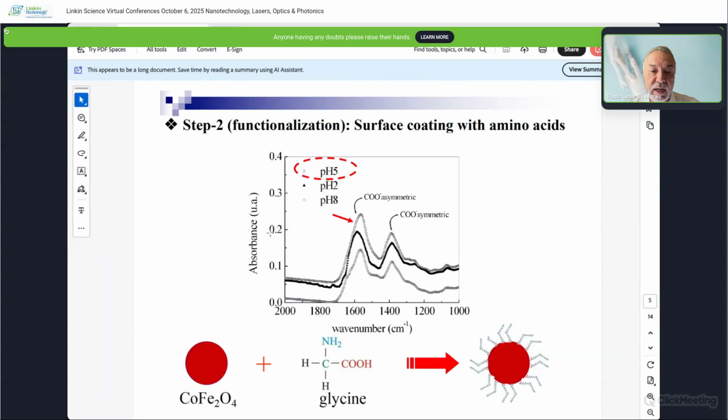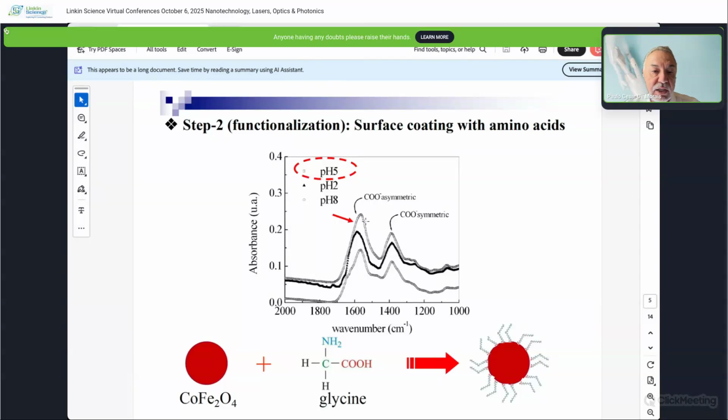You can follow by looking at the absorbance of the end material at different pH. We show here pH 2, 5, and 8. And then you can follow the absorption of the asymmetric and symmetric carboxylate group, and it gives you a relative concentration or density or surface coverage of the carboxylic group.